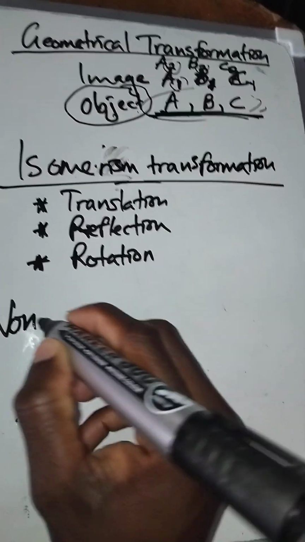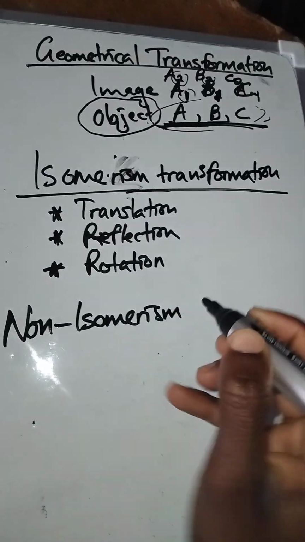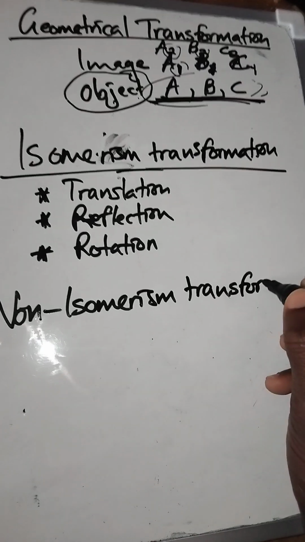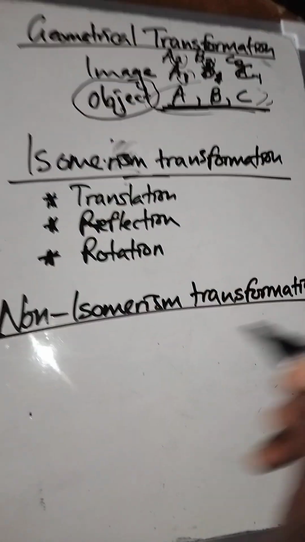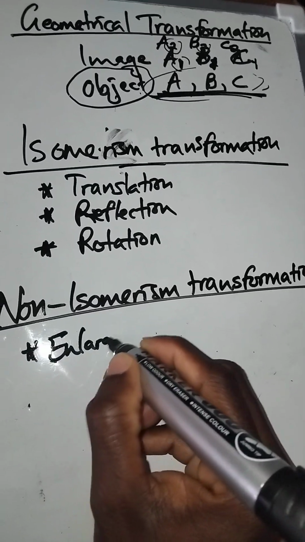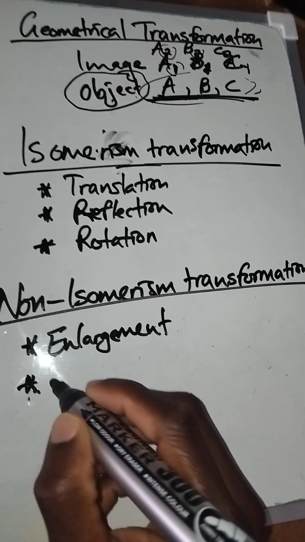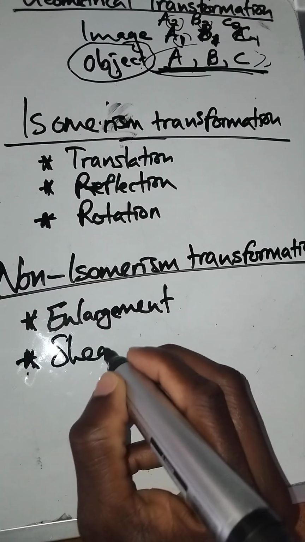Alright, now non-isometric transformation. The shape changes length and angle. For example, number one, enlargement. Then number two, shear.